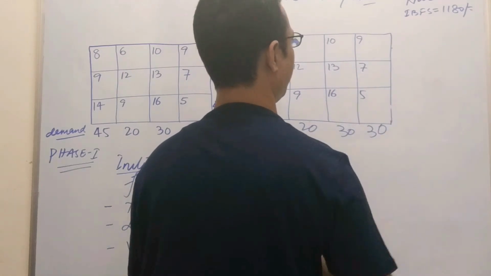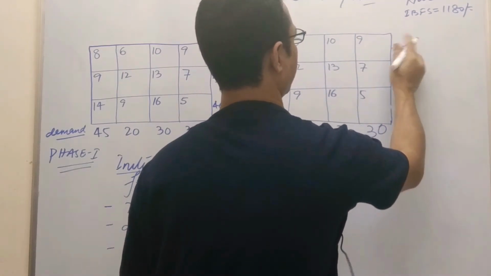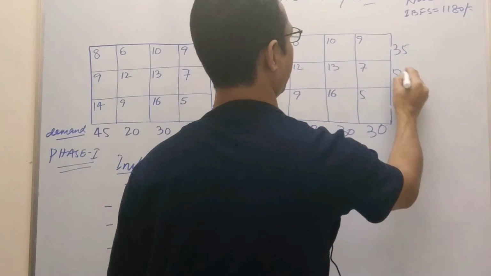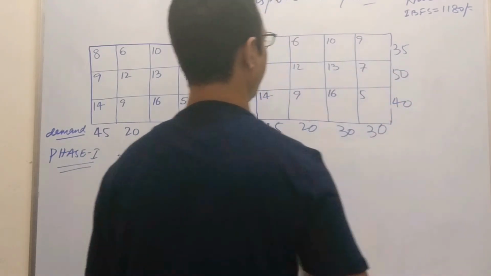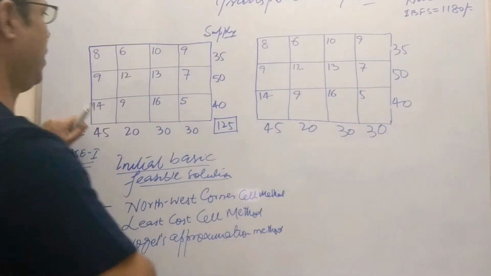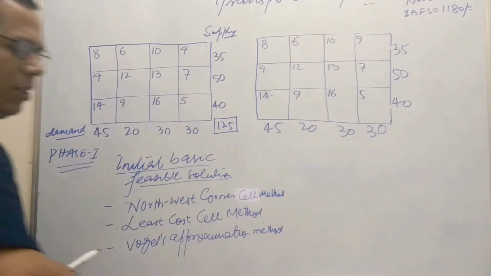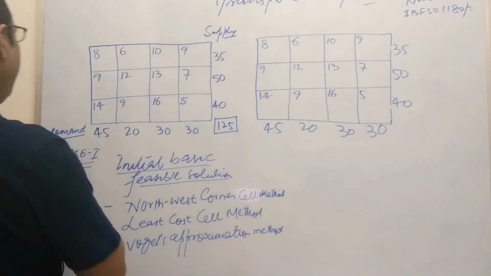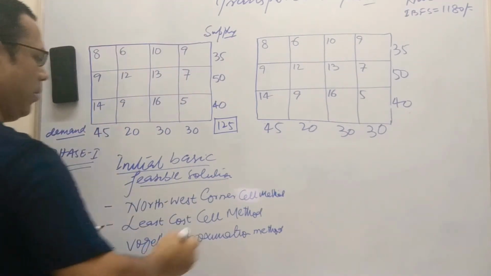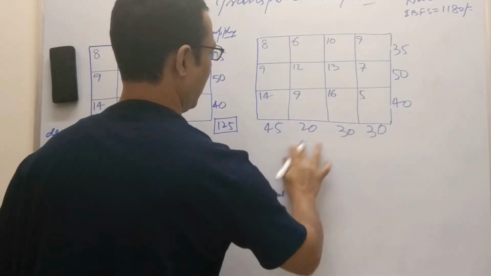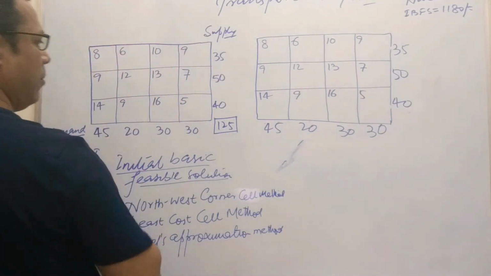Okay, I have just copied the same question, whatever I had written here, and now I am going to apply the least cost cell method.